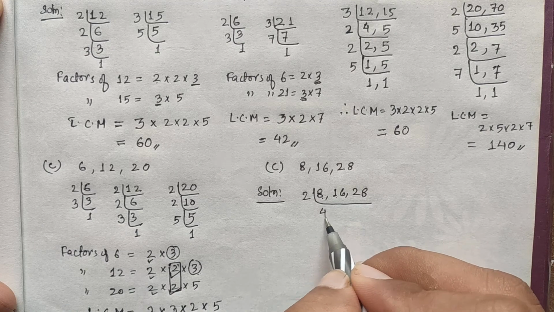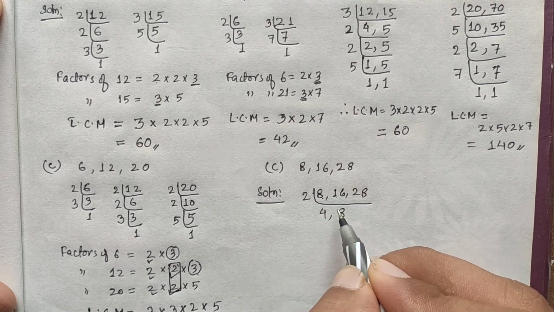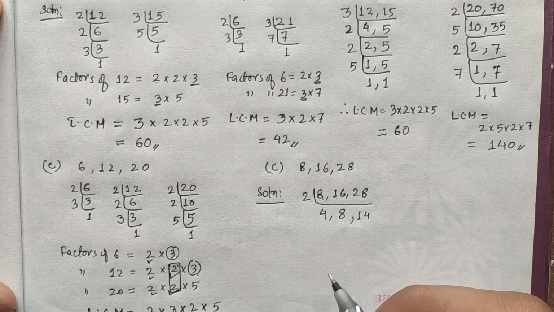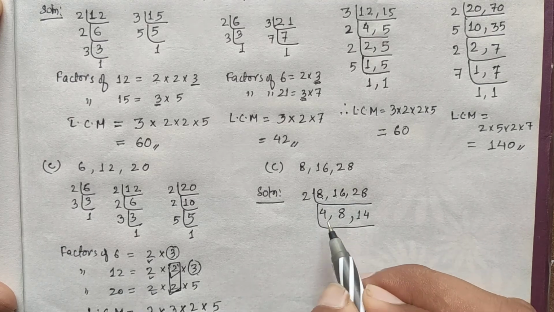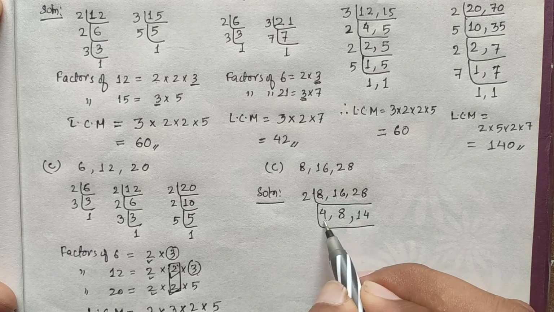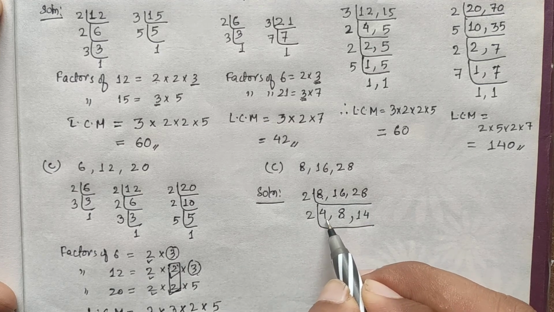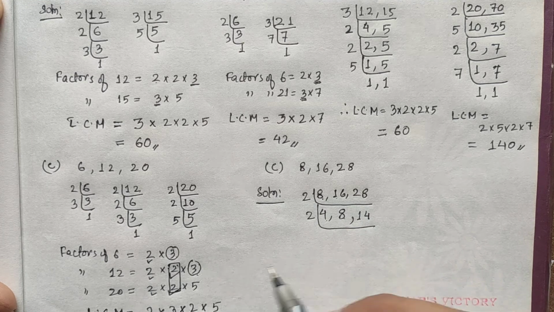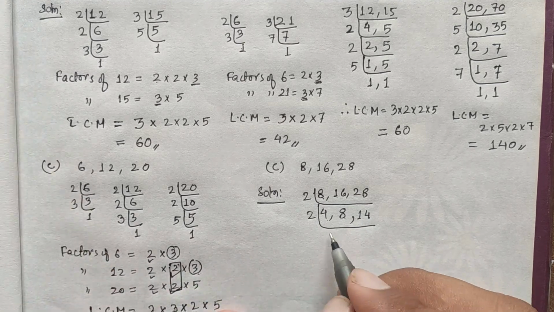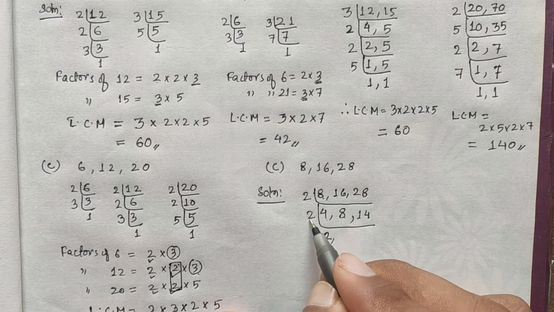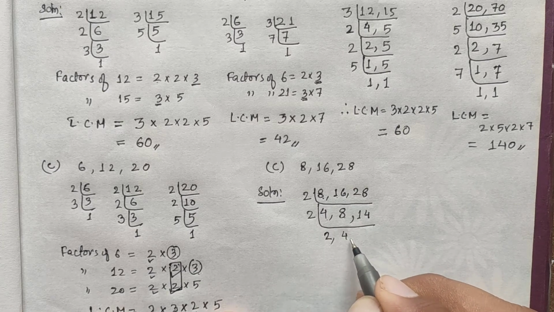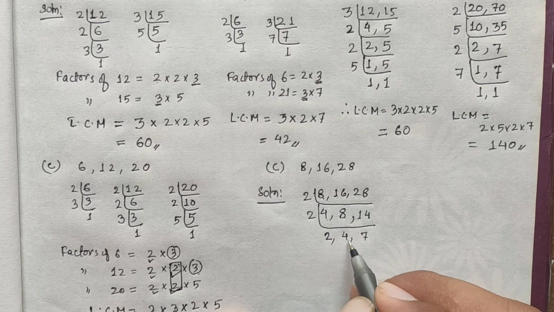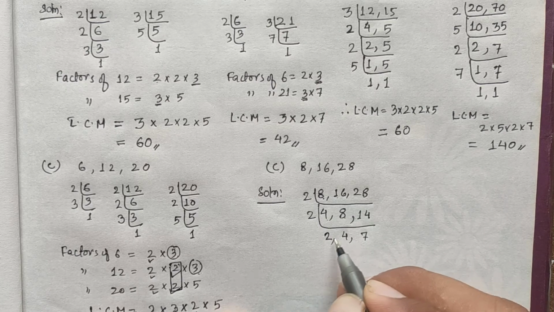So 2 times 4 is 8, 2 times 8 is 16, and 2 times 14 is 28. Is that it? So now again all of them, 4, 8 and 14, are divided by 2, because the last number is even, as we have discussed in prime factorization. So 2 times 2 is 4, 2 times 4 is 8, 2 times 7 is 14. Now these 2 numbers are divisible by 2, but this is not.